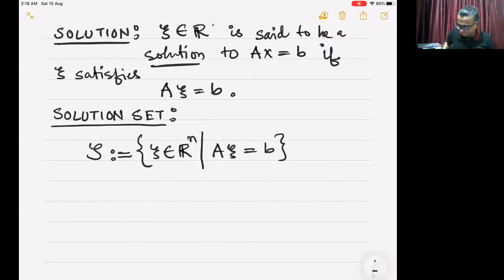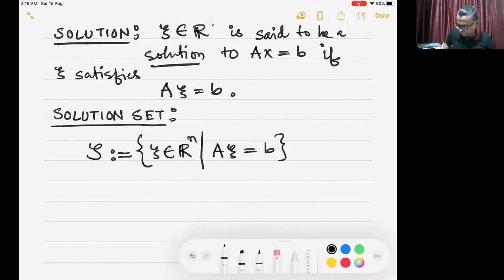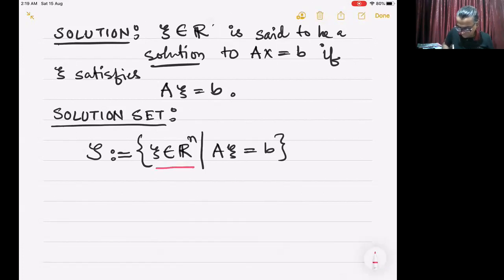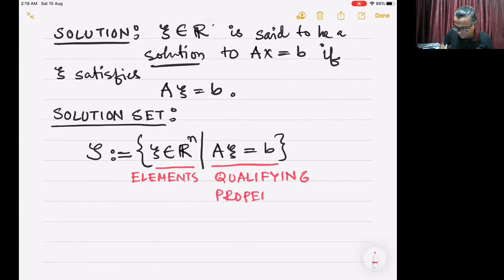This is where you write down about the elements of the set. What are the elements? And this is where you describe the qualifying property, the property which will determine whether an element qualifies to be within the set or not. So this is the solution set.